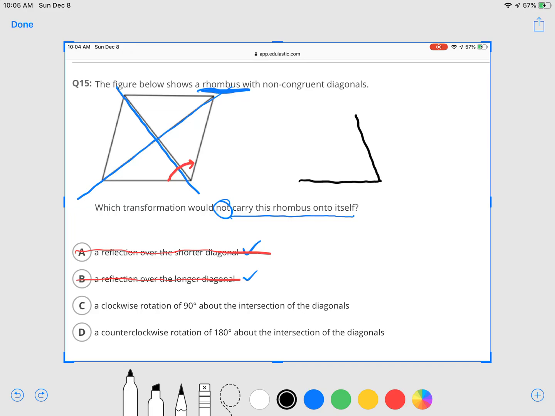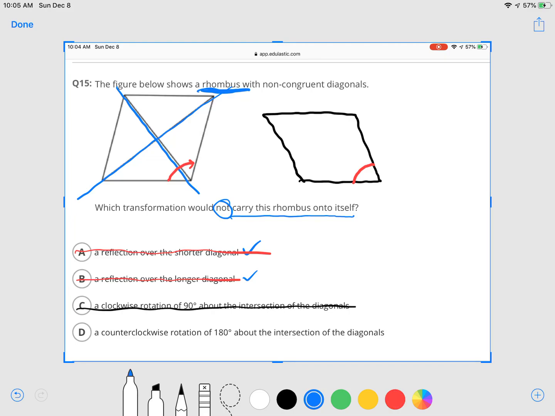The rhombus is going to look like this instead, where this bottom right corner is now the acute angle. So it won't really land on top of itself. So that doesn't work.